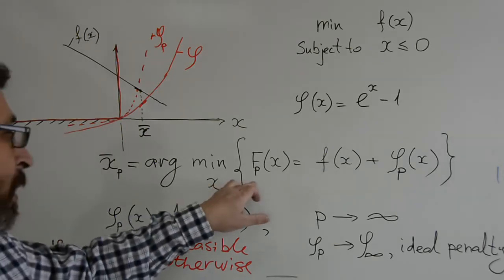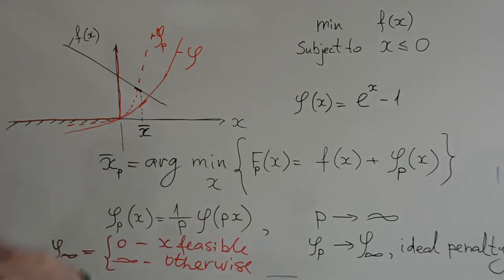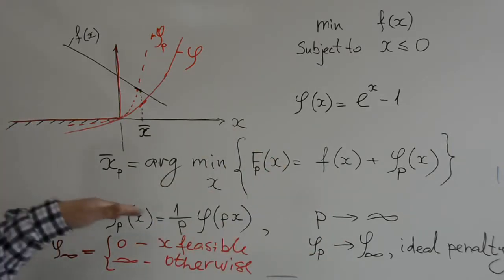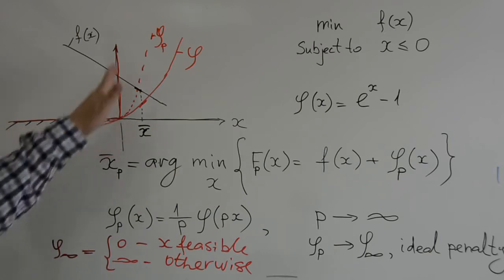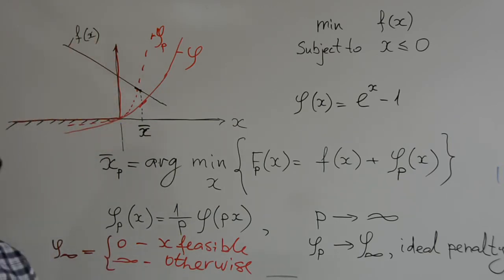So we minimize the aggregate under some moderate value of p, increase p gradually, say increase it 3 times or 10 times, minimize again, and so on until we reach really large values of p, say 1 million, and then we stop the process.